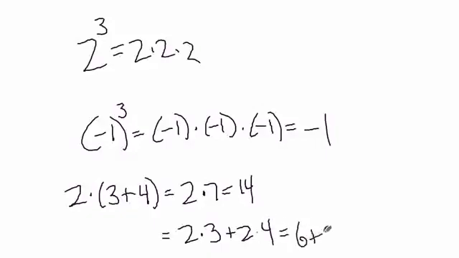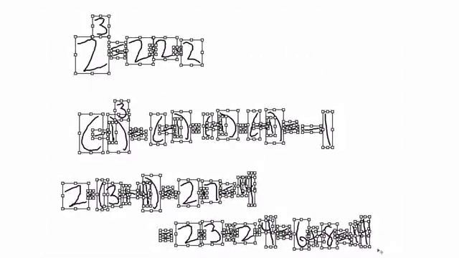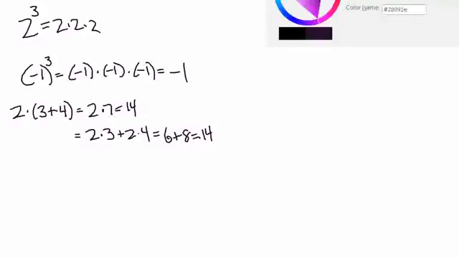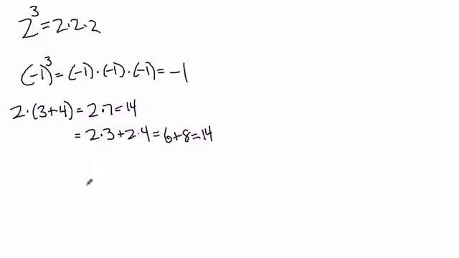So 6 plus 8 will also give you the same answer. That's called distributing. Now, let me show you with an example that it's also true with negative integers. This second way to solve this type of problem works with negative numbers as well.